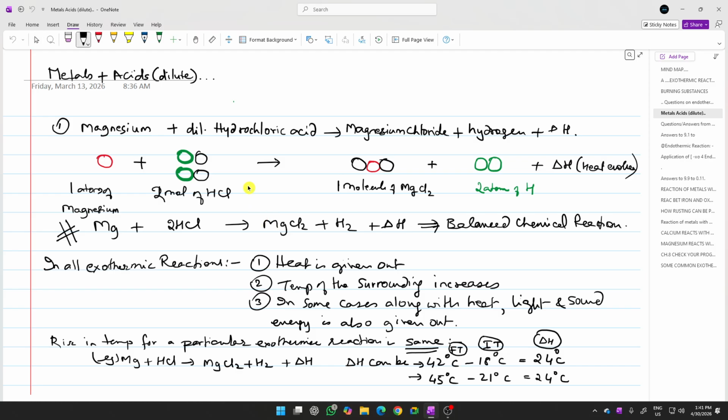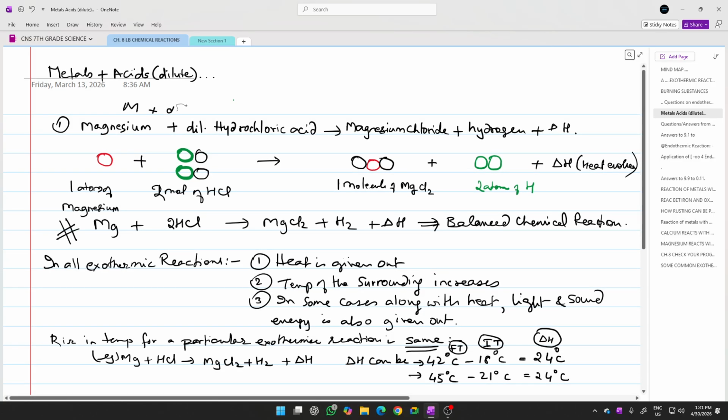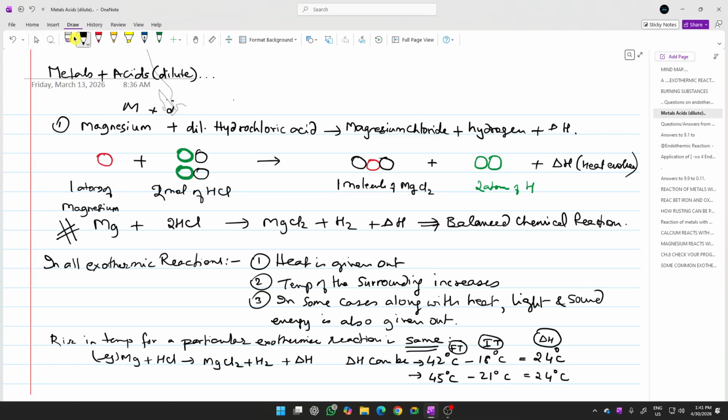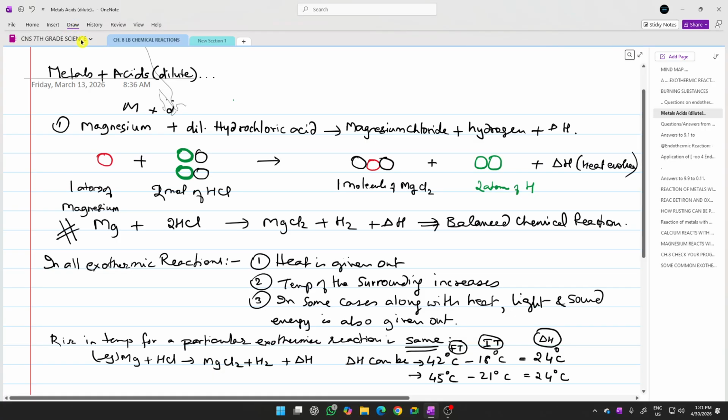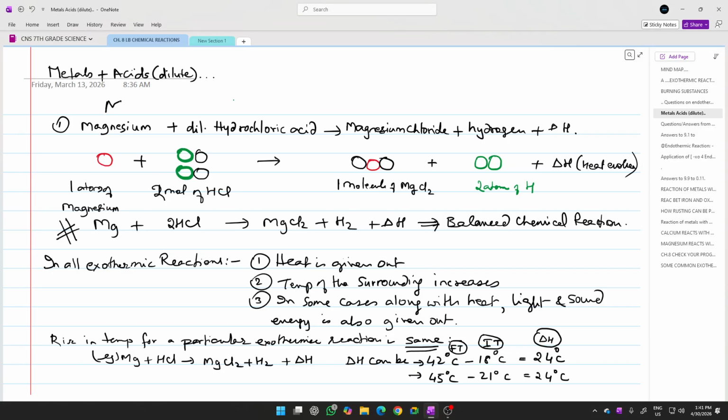In general, if you take any metal, say M for metal, and when it is reacted with any dilute acid, the products formed will be a salt and hydrogen gas.